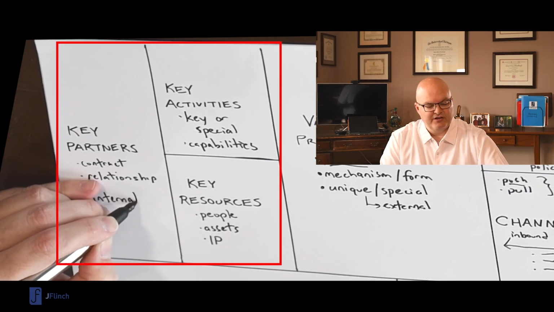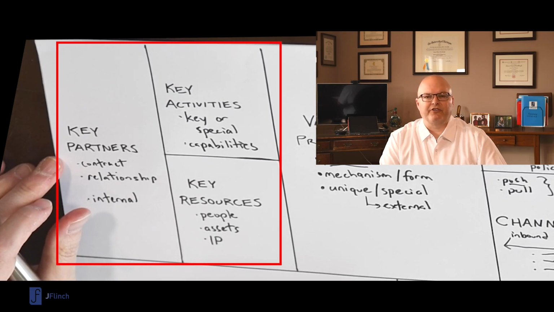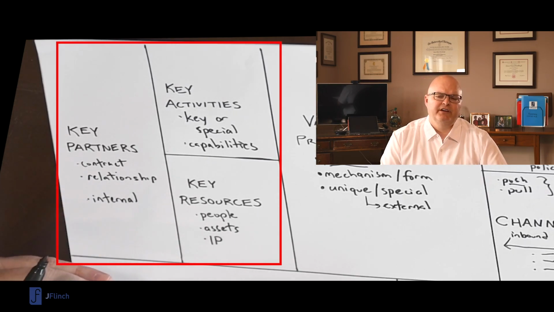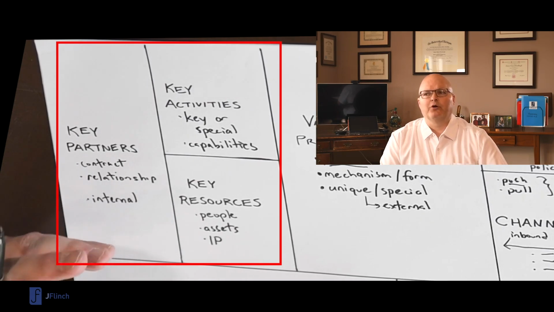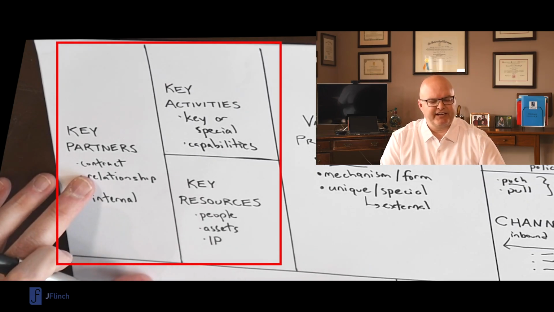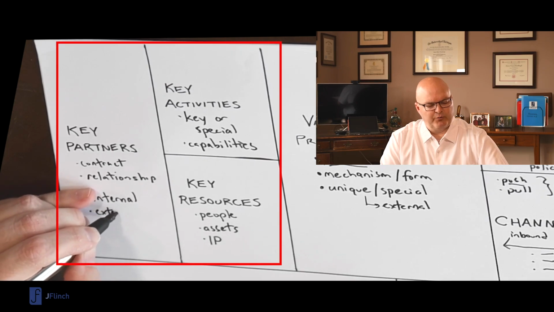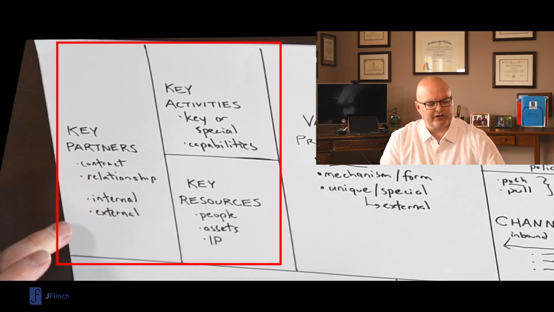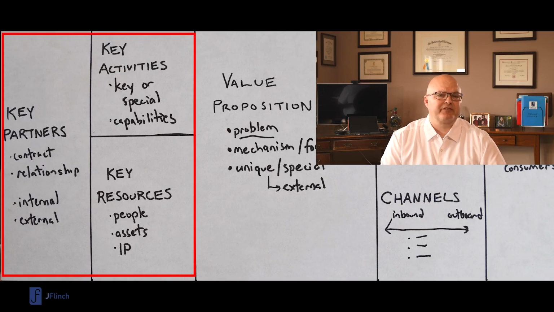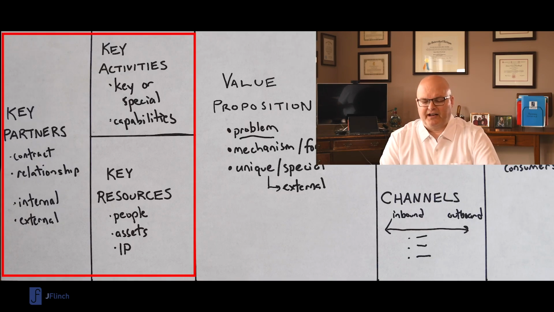So we might see HR and quality work together to build a new capability set to evaluate employees for a quality push. That's an internal partner, or it could be an external partner, working with an advisor or a coach or a consultant to help deliver that value, where you either are the channel or you're providing part of the value and those external partners are providing other parts of it.